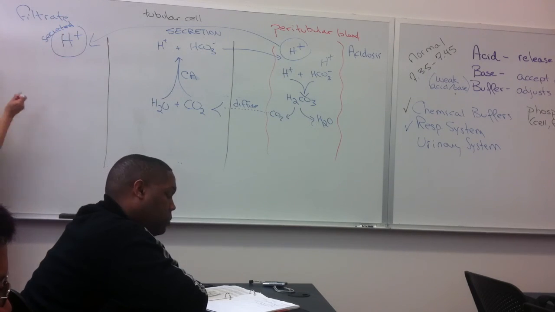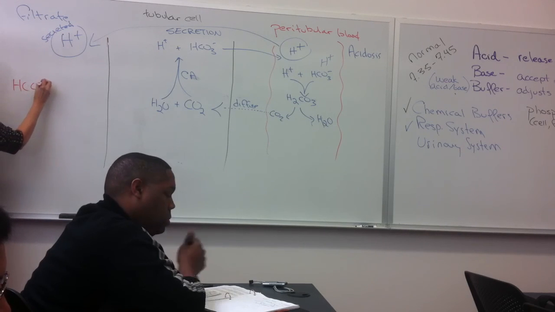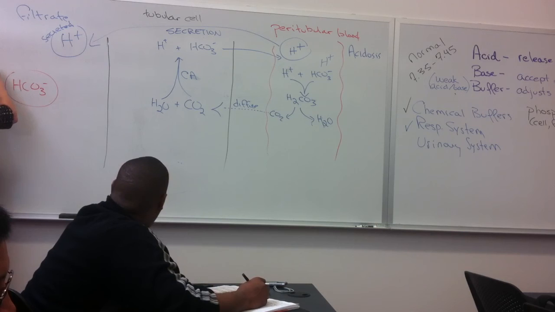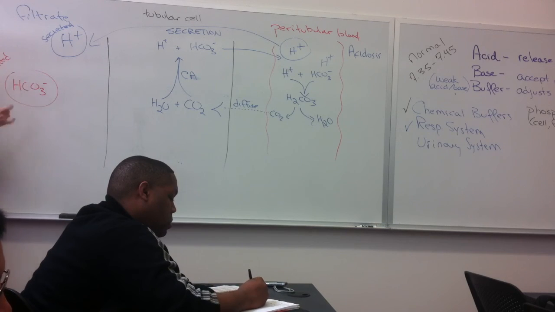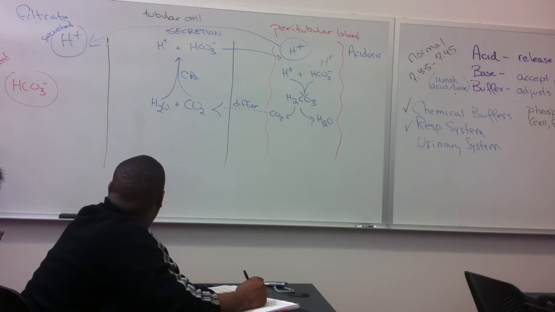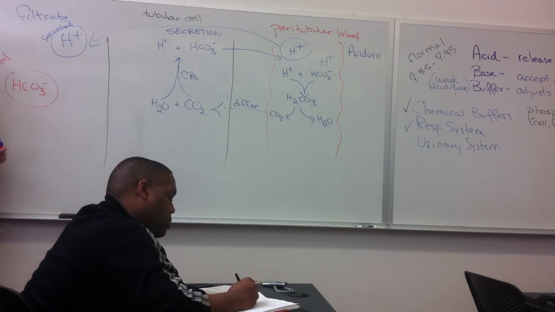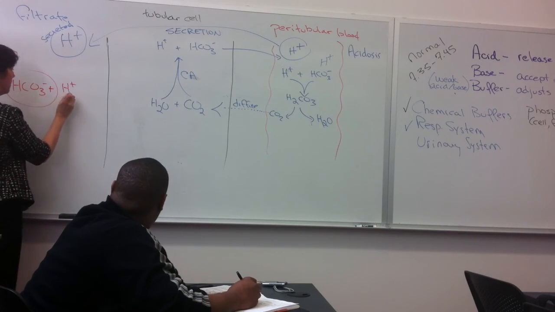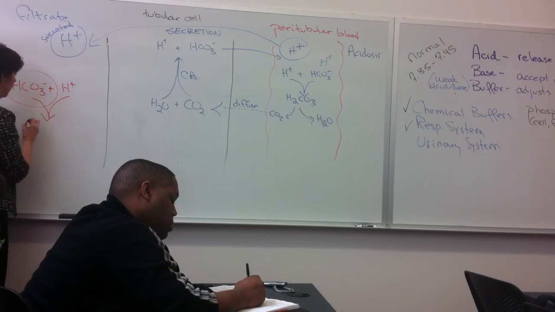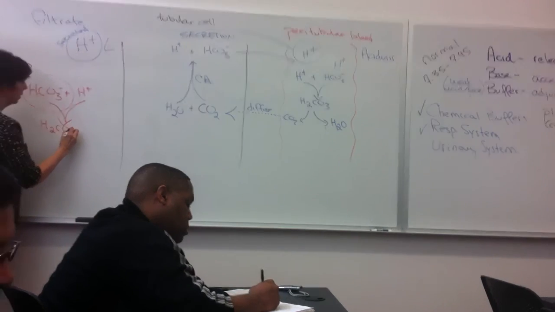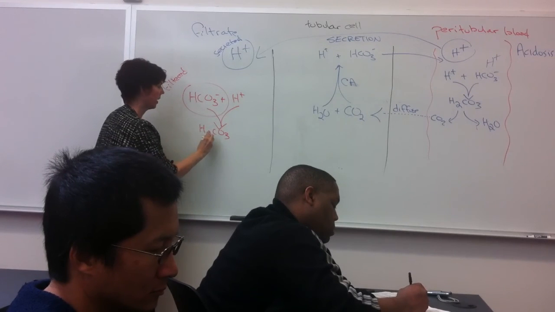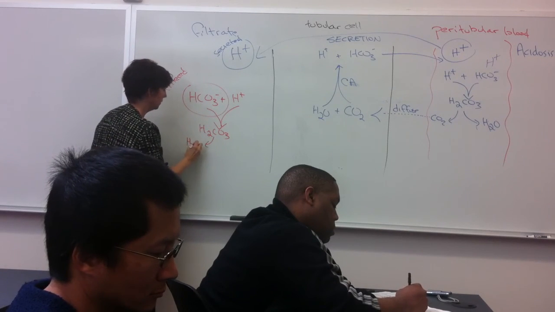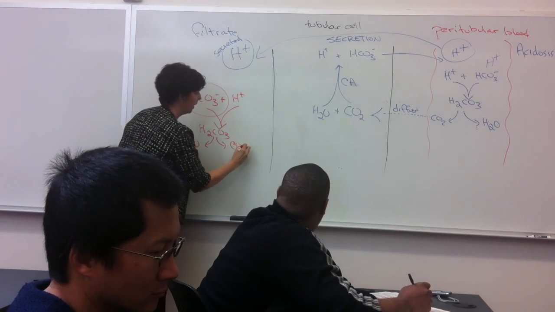All right, now let's look at bicarbonate ions, which are filtered. So this came through the filtration membrane, but it can't cross the apical membrane. All right. So we just do the same. We add hydrogen ions, form carbonic acid, that dissociates into water and carbon dioxide.